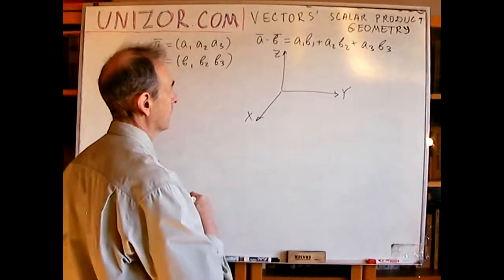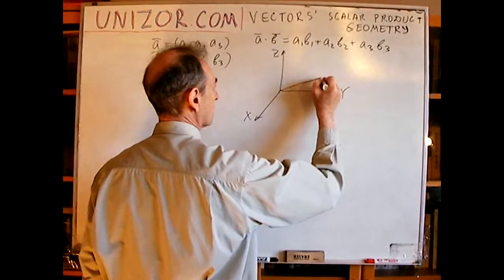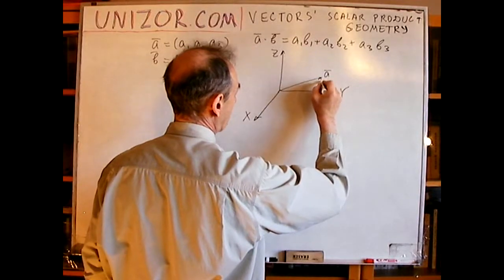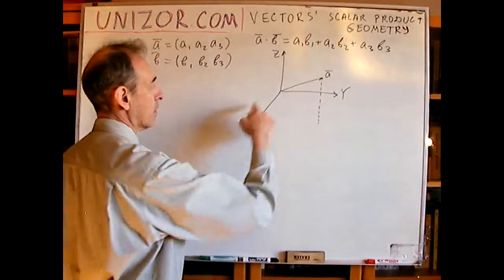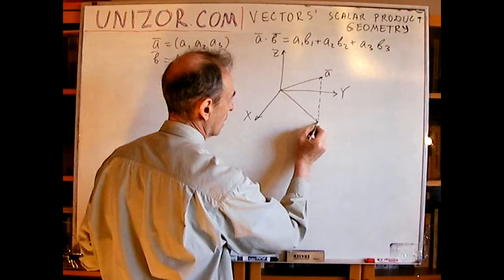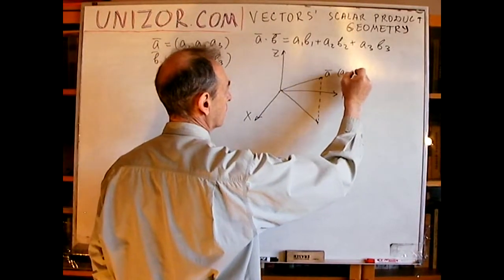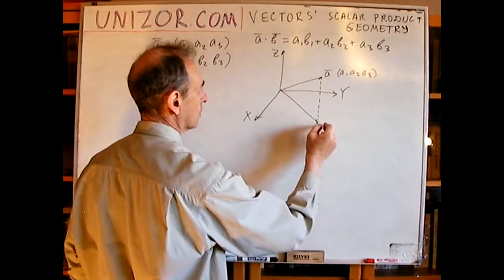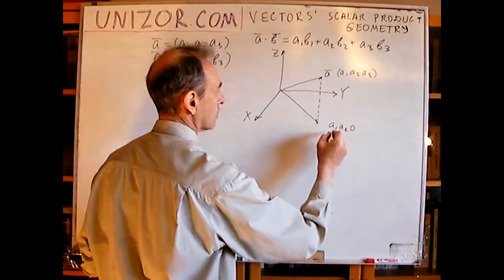All right? Now, if I have a vector, here is my vector A. Now, let's project it down onto the horizontal xy space. And this would be the projection of this point. So this is A1, A2, A3 coordinates. Now the projection here would have coordinates, obviously, A1, A2, 0, right?